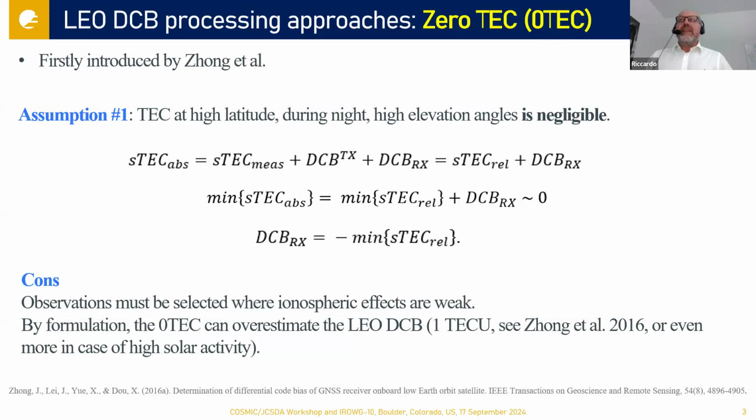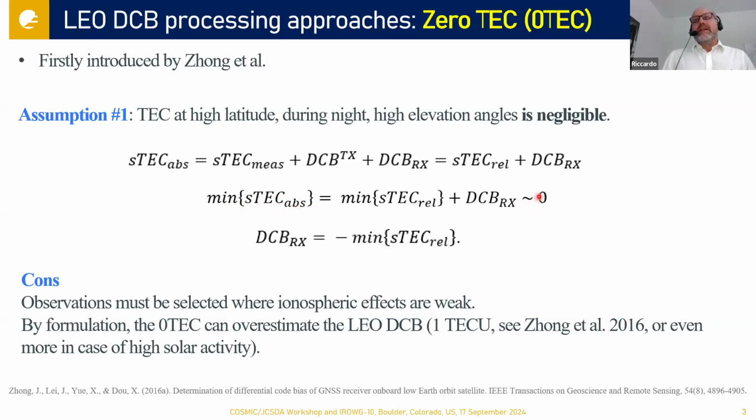So the first technique is the so-called zero-TEC technique. The assumption for this technique is that the TEC at high latitude during night and high elevation is negligible. So this means, looking at this equation, that the minimum of the absolute slant TEC should be zero.